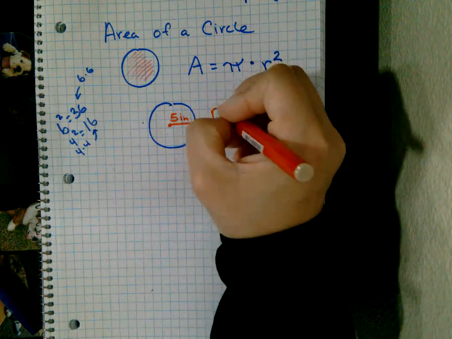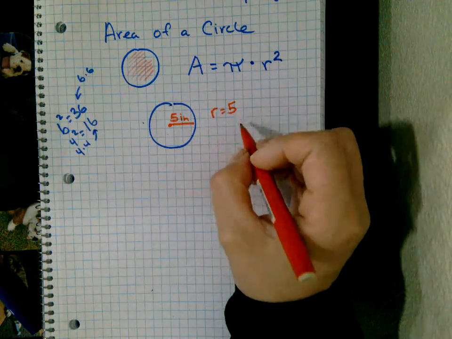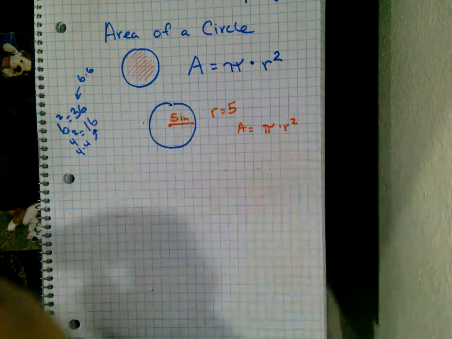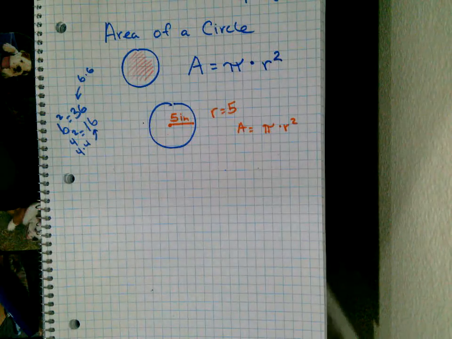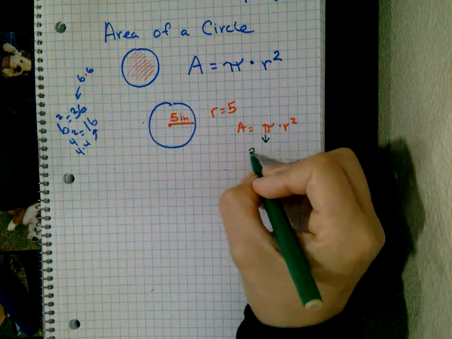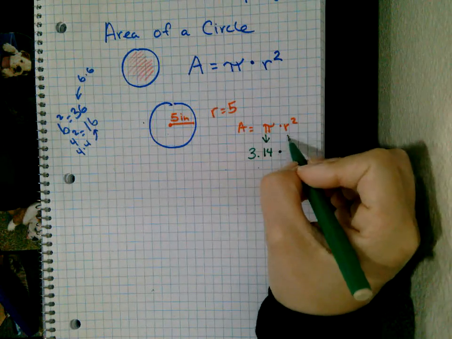So its radius is equal to 5. So we're good. That's what we need, because our formula is area is equal to pi times r squared. And from the lesson from Monday, you should know that pi is 3.14 times radius squared.